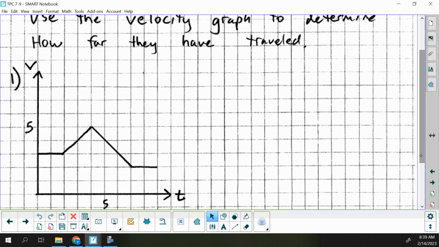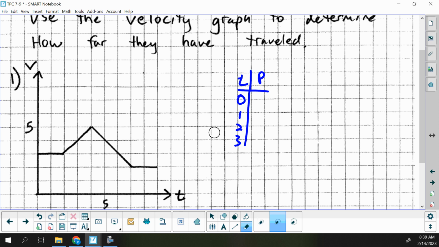If the question said to find the position graph, we would do a t-table for our time and our position and do our areas at each individual second. But this question does not say we need to do the position graph. We just need to know how far they have traveled overall. So therefore, we just need to know the area under the velocity graph at the very end.